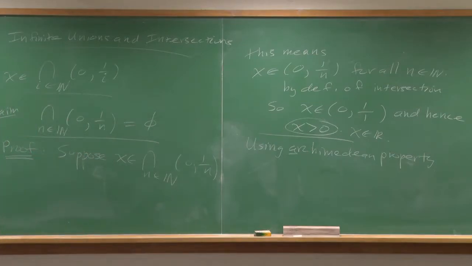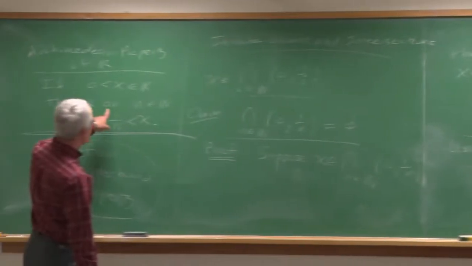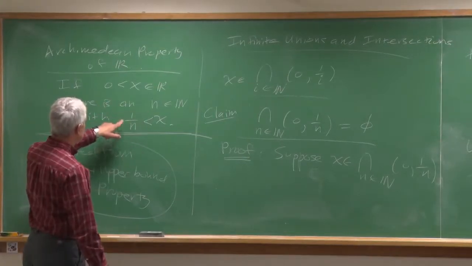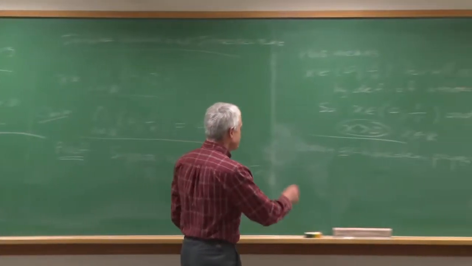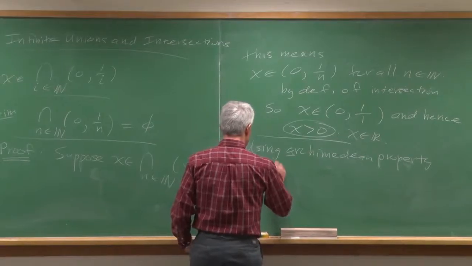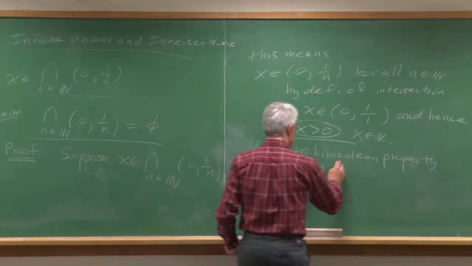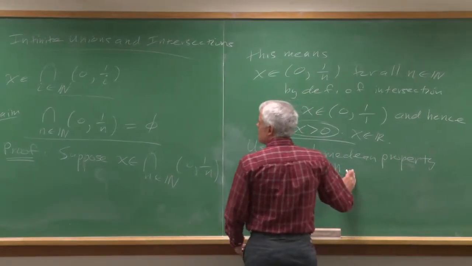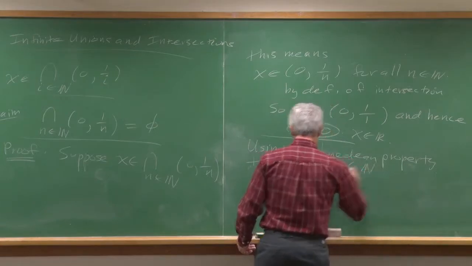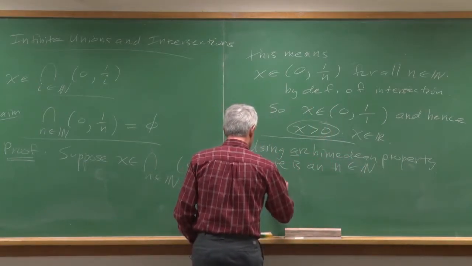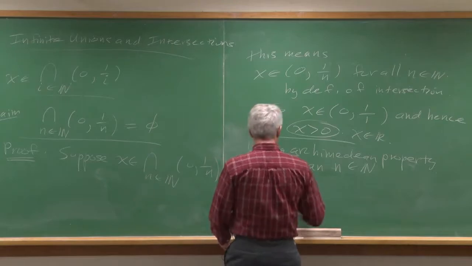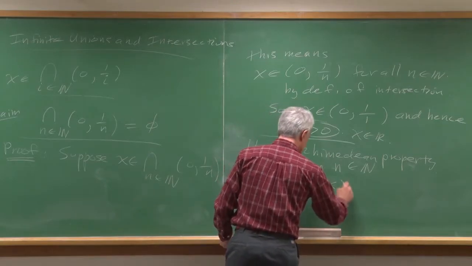So the Archimedean property says, all right, there is an n, which is a natural number, with 1 over n less than x.